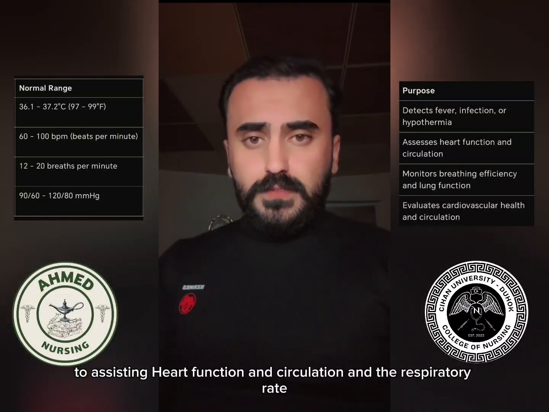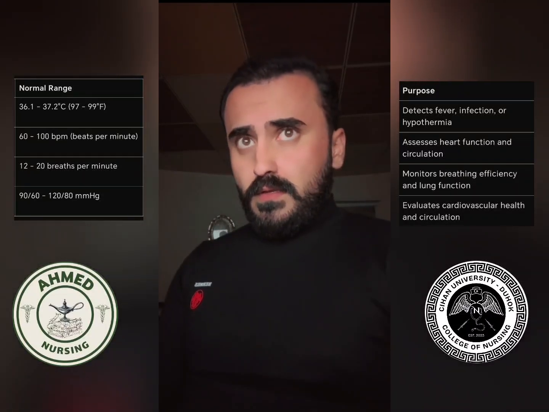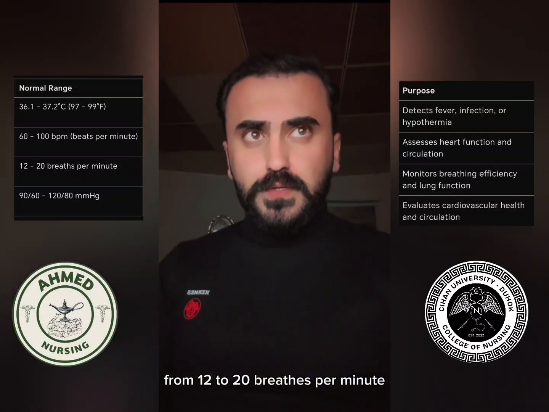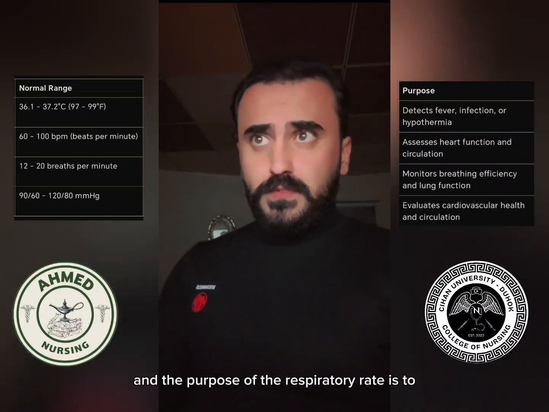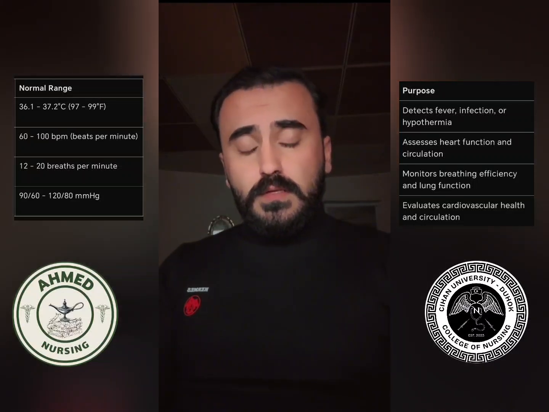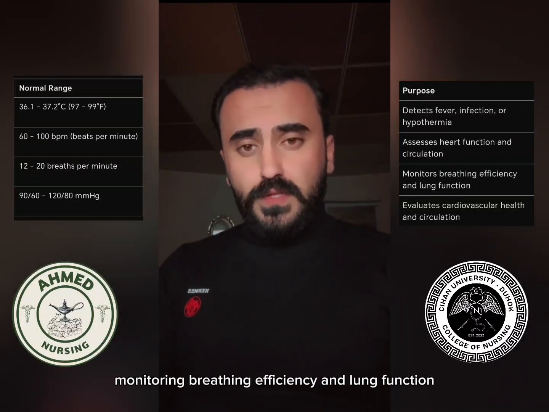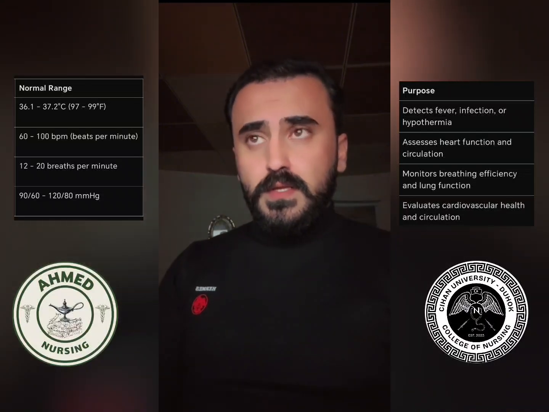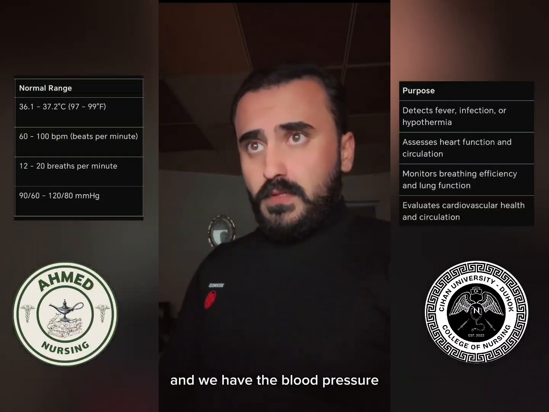And the respiratory rate is from 12 to 20 breaths per minute. The purpose of the respiratory rate is monitoring breathing efficiency and lung function. And we have the blood pressure.